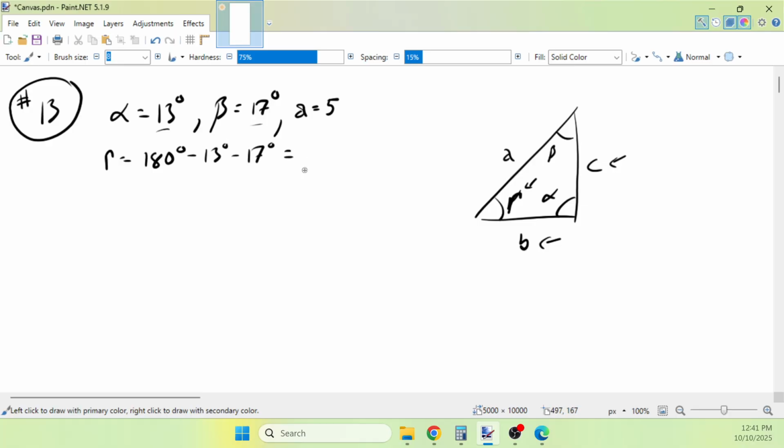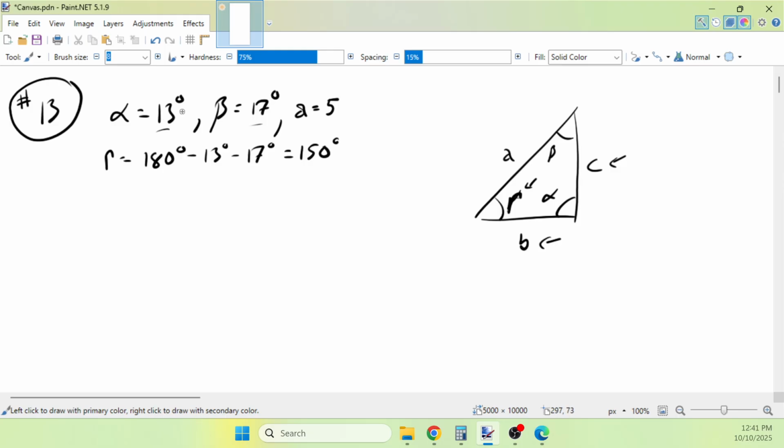The diagram doesn't matter except for being able to organize the information. Yes, okay, we found gamma.